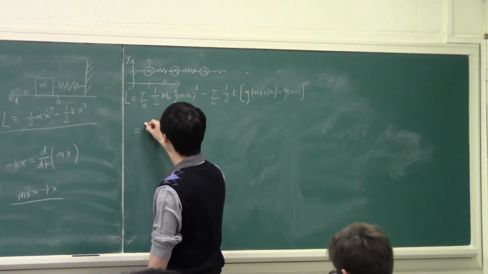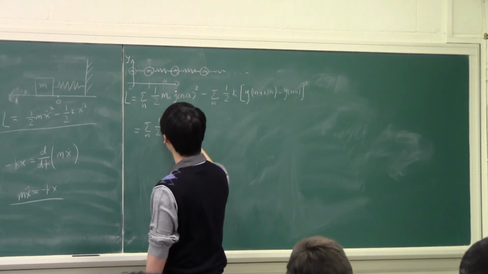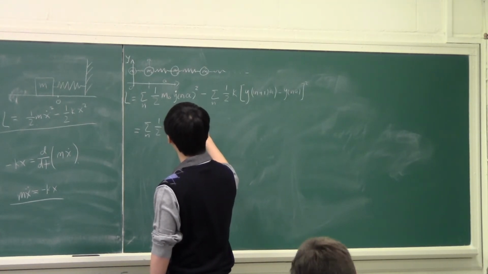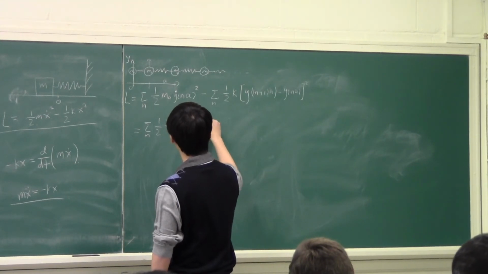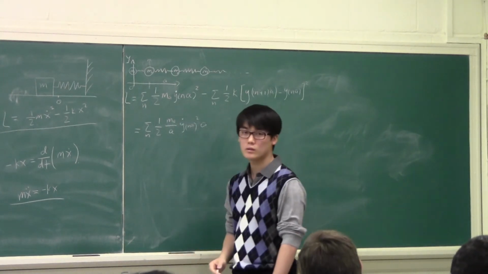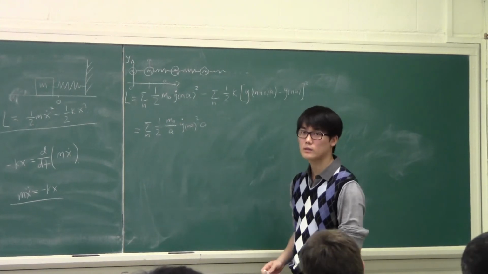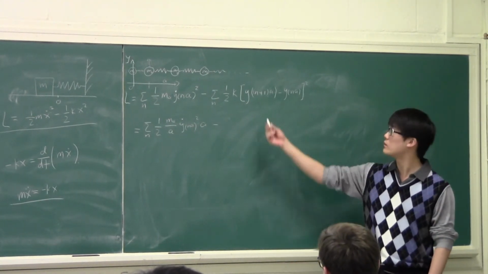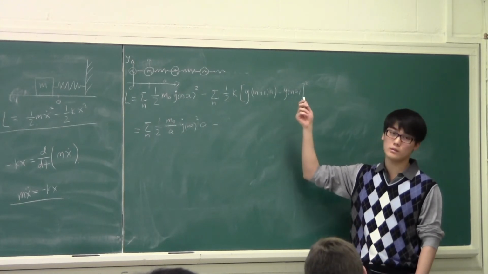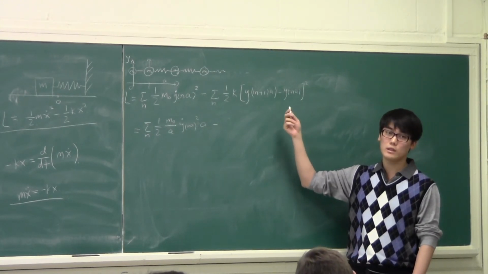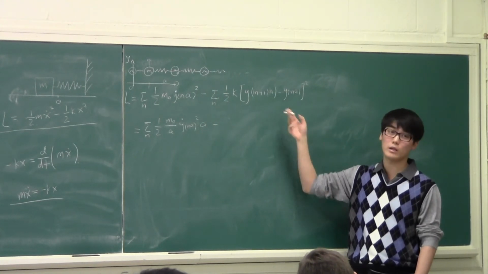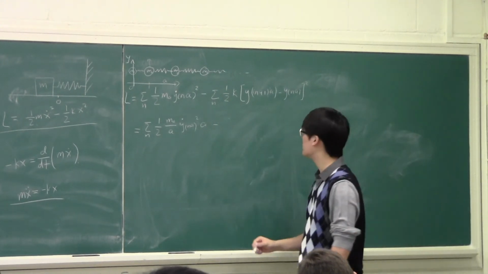So for the first term, we can say this. Everybody follow with this? And for the second term, you recognize over here we have this difference. In the continuum limit, this difference will turn into a differentiation, provided we divide by the infinitesimal distance here.